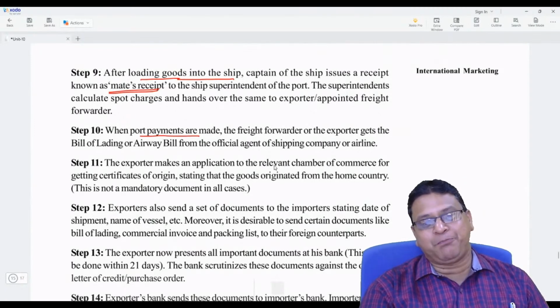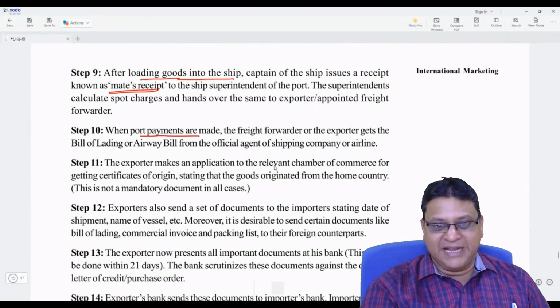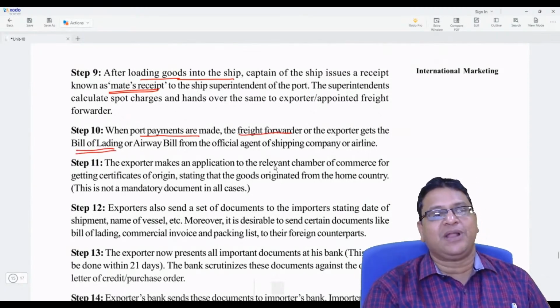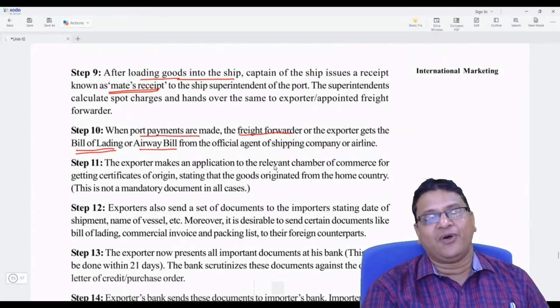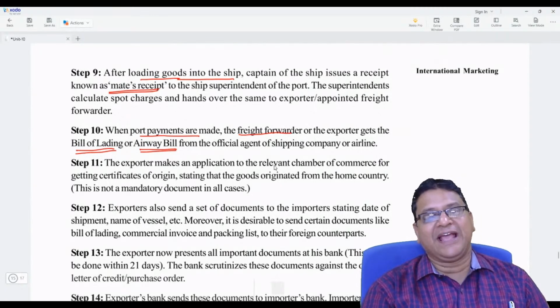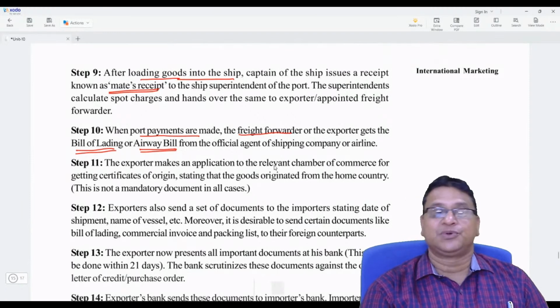Once you pay the port dues and freight forwarding, you will get another bill that is known as bill of lading or airway bill. This bill of lading or airway bill plays an important role because it is dispatched to the exporter.